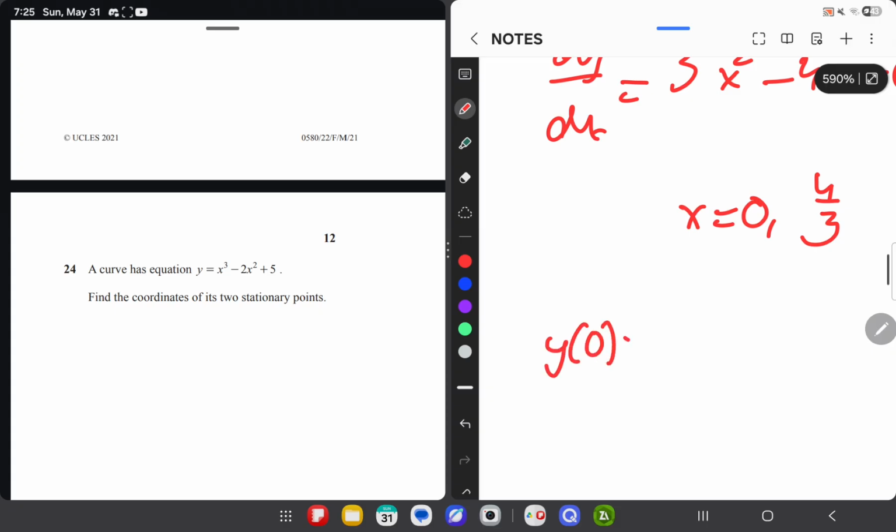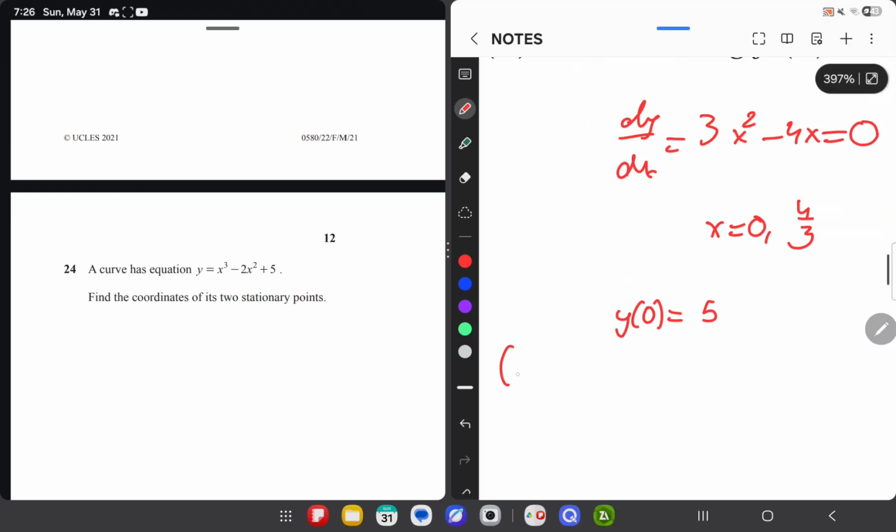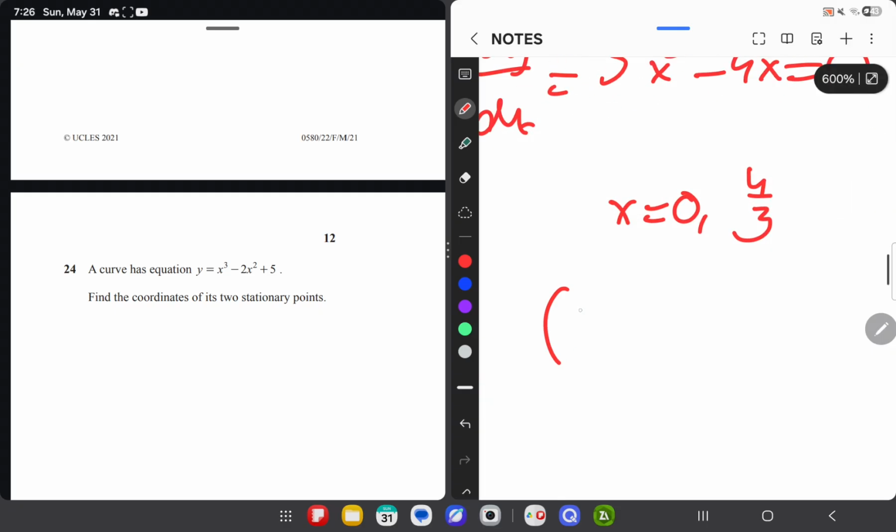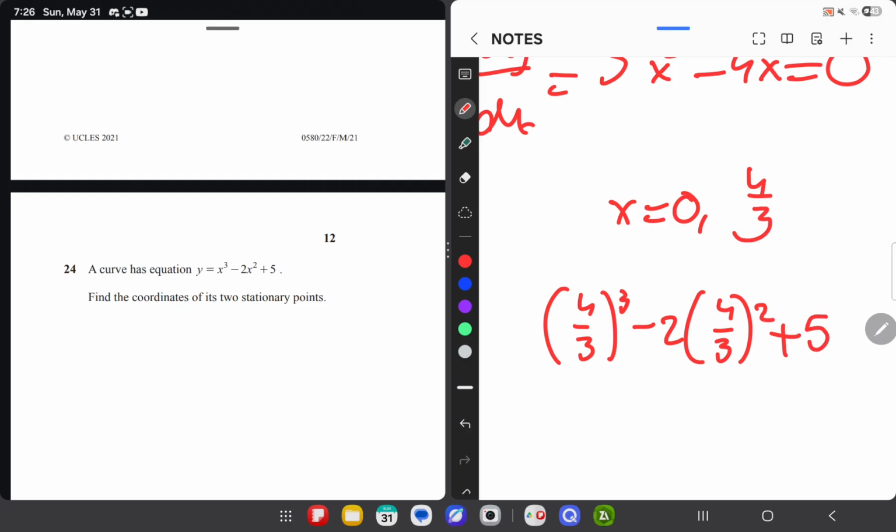Y of 0 is equal to 5. So one of the solutions is 0, 5. Next, 4 over 3 x cubed minus 2 times 4 over 3 x squared plus 5.